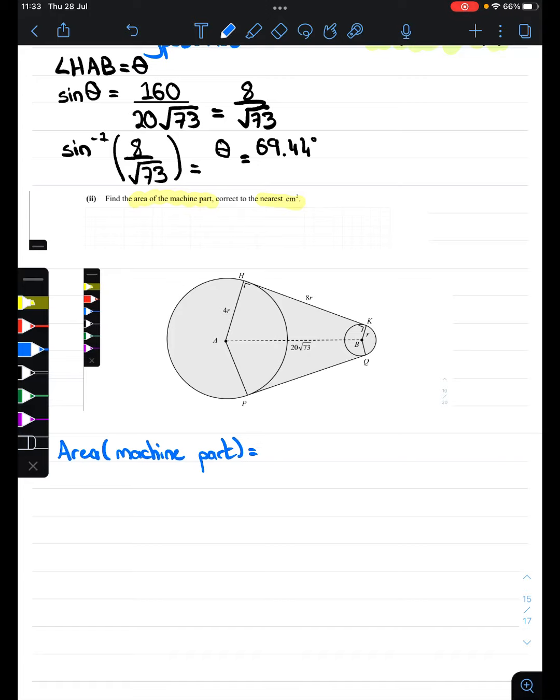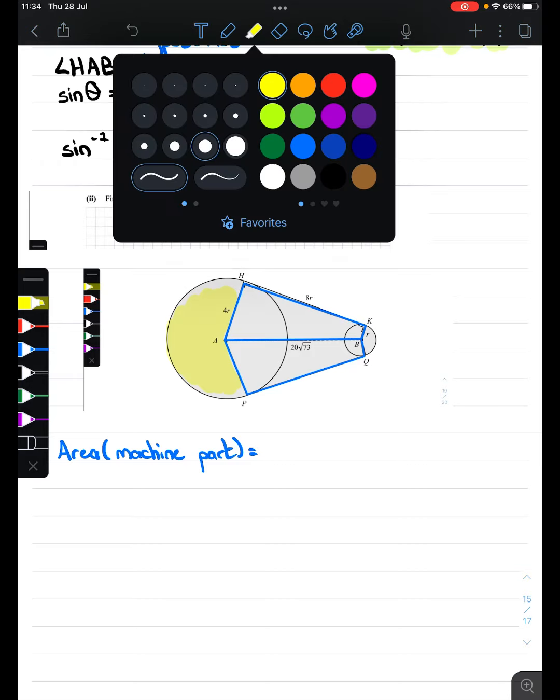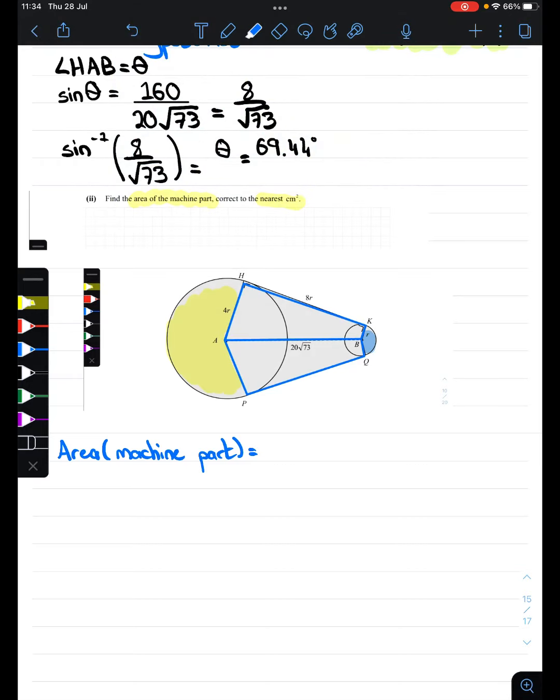Well, let's try and split it up into 4 sections. Our quadrilateral, the other quadrilateral here, this circle sector here, and then this circle sector here.